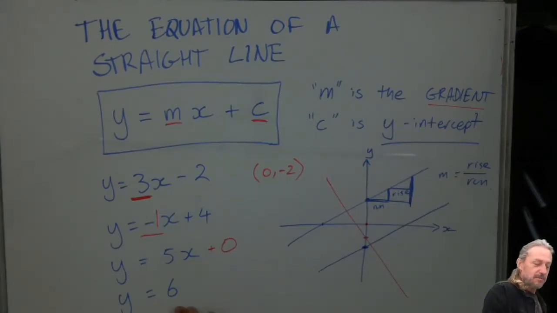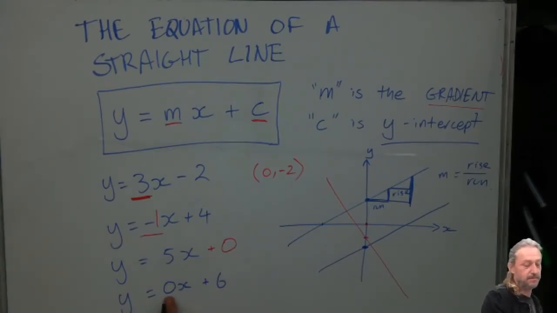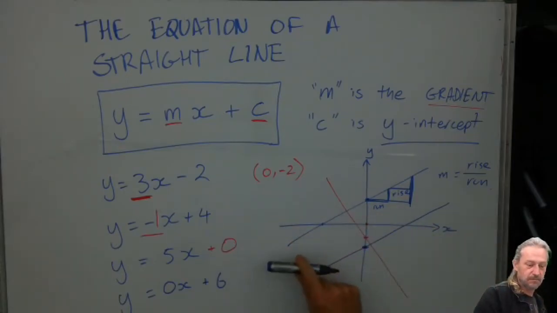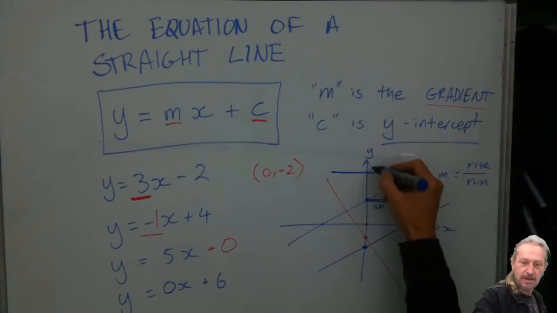And this is a bit of a weird one. We've got no x term. So essentially, let's just rewrite this out: y equals 0x plus 6. This is like saying we have a slope of 0. So this is a straight horizontal line that cuts through the y-axis at 6.